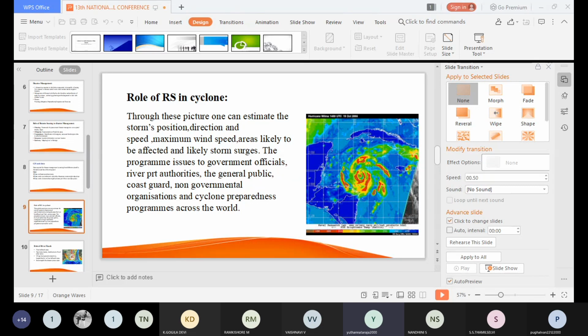Through this, we can prepare the people to get ready for the impact. We can get the impact assessment and cyclone monitoring through this GIS and remote sensing part. By these technologies only, we are now seeing the precautions for floods, cyclones, and drought also.